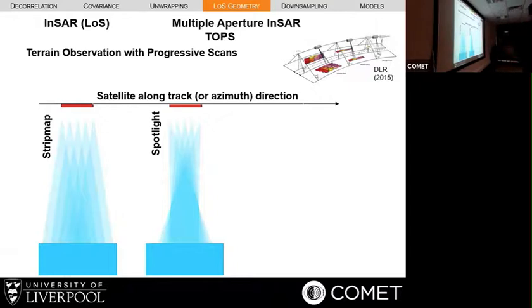By generating two synthetic looks by artificially modifying the squint angle. So let's synthesize an image that is slightly looking forward and one that is slightly looking backward. And by doing the difference between those two images, we can obtain a phase that is not sensing the change in range, but the change along the azimuth direction.